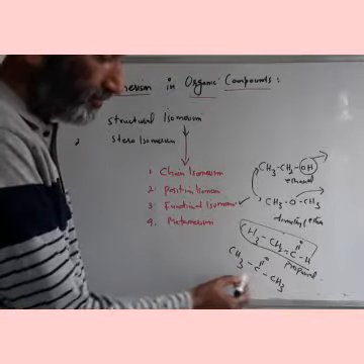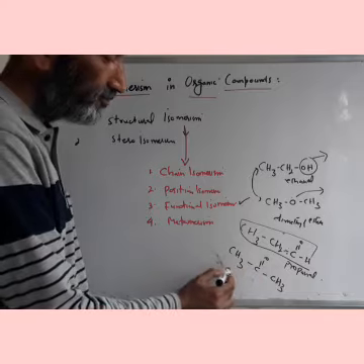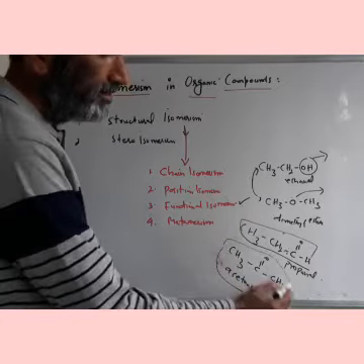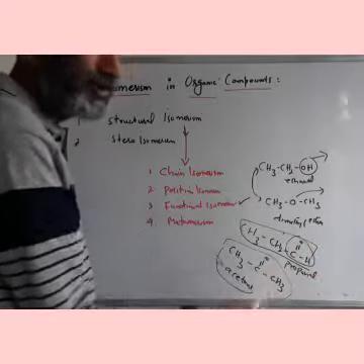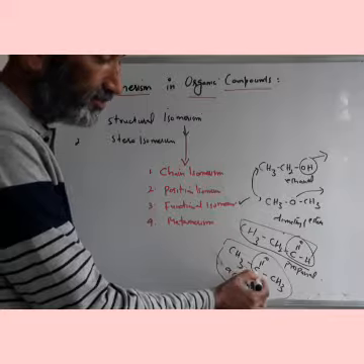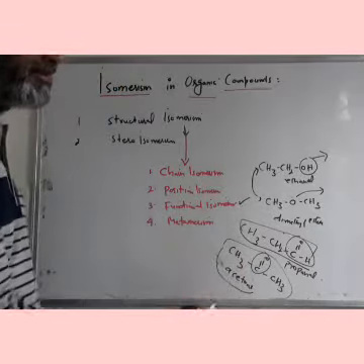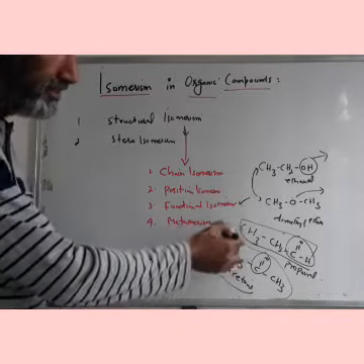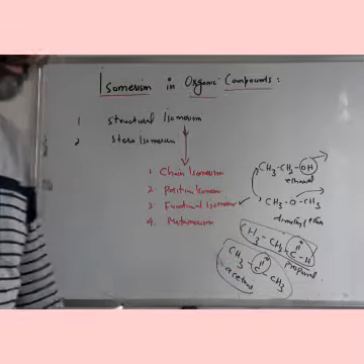This is acetone, commonly we call it acetone, the common name. So it contains the aldehyde group as a functional group, and the other contains the ketone group as a functional group. Therefore they have the same molecular formula but carry different functional groups. So these are said to be functional isomers, and the phenomenon is known as functional isomerism.